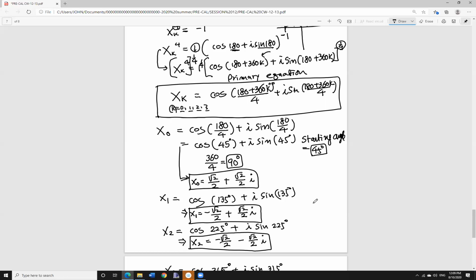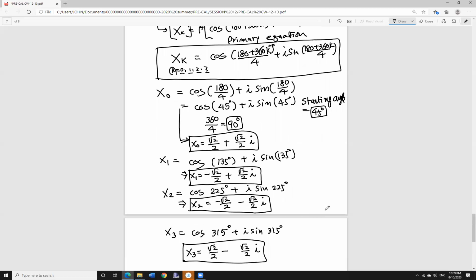135? Oh, the next angle. I got it. This is just a scale, right? Because we have 4 roots. Around the 360 degrees there are 4 roots, but they have the same difference. We start at 45 degrees. Oh, so you added 45 again? Yeah, 45 degrees.